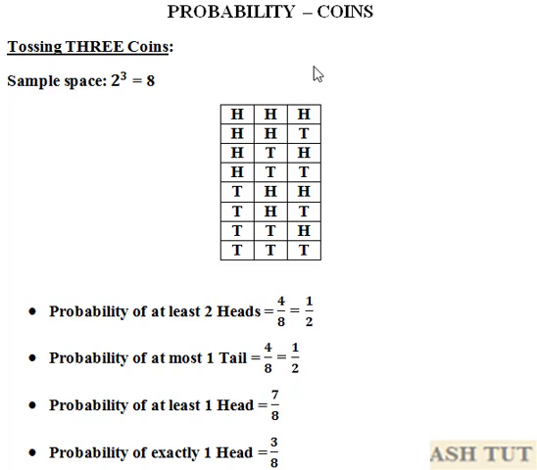Now the first question is, if we toss 3 coins, what is the probability of at least 2 heads? We want at least 2 heads, means minimum 2 heads, but maximum is also possible. In the first set there are 3 heads, which is greater than 2, so we will also consider this set. In the next there are 2, that's okay. In the third there are 2 heads, that is also okay.